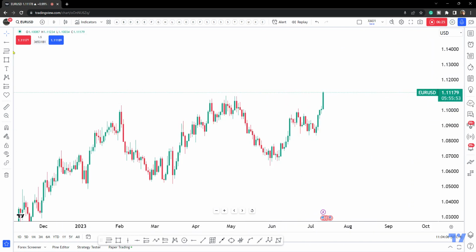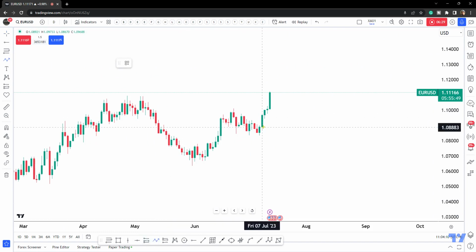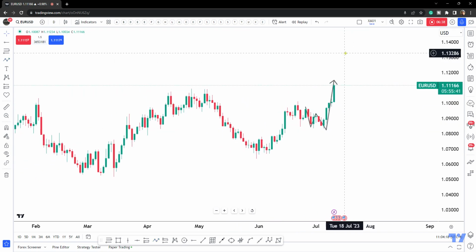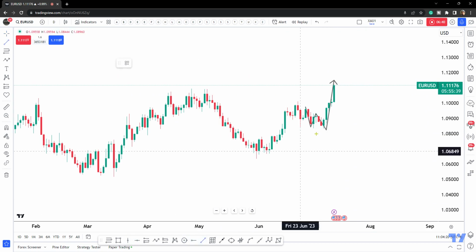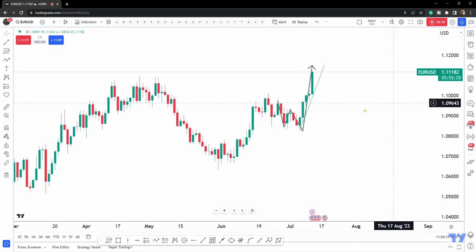On the daily chart, we have a W formation. It's an overextended formation, and we can expect a correction at some point. But again, this is a strong rally, and I wouldn't be getting in the way of it until we see signs of deceleration.